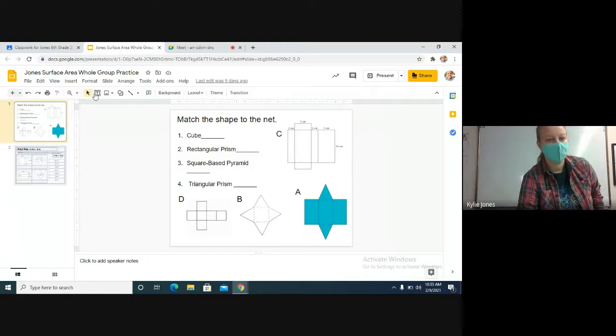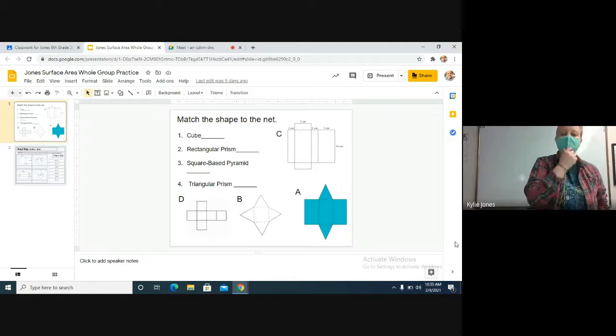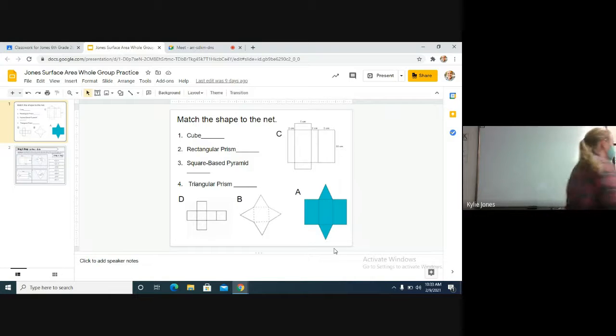All right. So, what we're going to do first is match the shape to its net. Okay? So we need to look at the shapes and figure out which one goes with what. Yes, you can start. I'm going to give you guys 2 minutes.